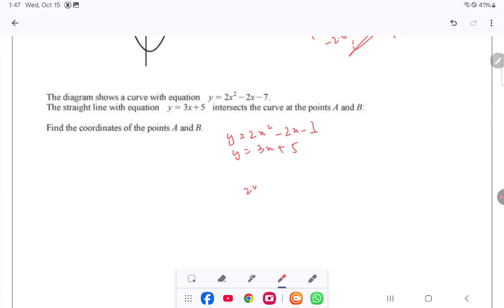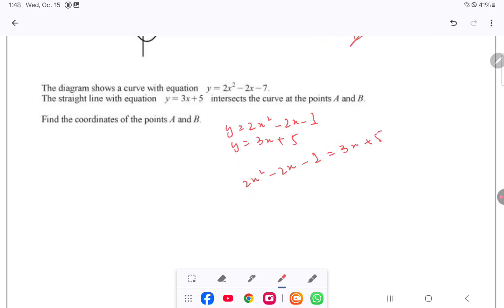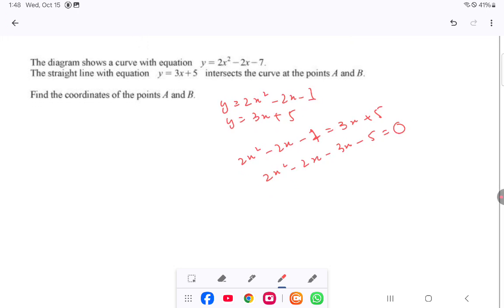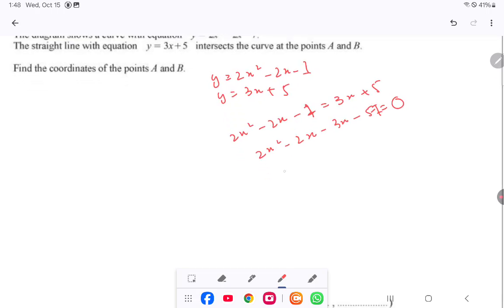2x square minus 2x minus 7 is equal to 3x plus 5. Subtract both sides with 3x, subtract both sides with 5. Now solve it furthermore: 2x square minus 5x minus 12 is equal to 0.